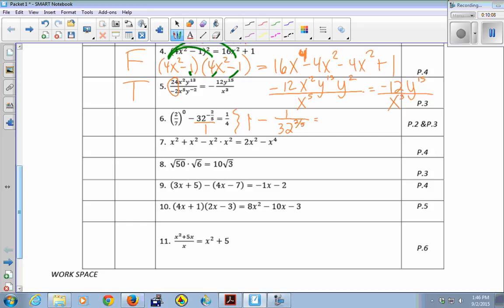Yeah. 2 times 2 is 4, times 2 is 8, times 2 is 16, times 2 is 32. So 2. And then I have to square it. So this is going to be 1 minus 2 squared, which is 1/4. 1 minus 1/4 is 3/4. So this one is actually false, because they put 1/4.